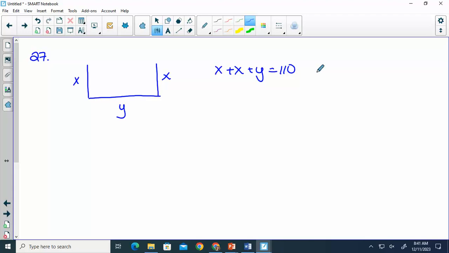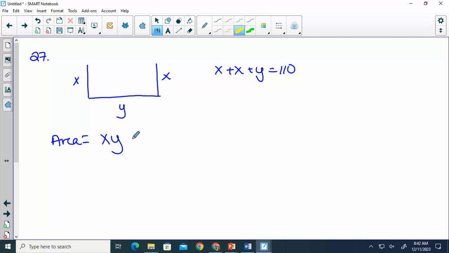We want the dimensions that will provide the maximum area. How do you find area of a rectangle? Length times width, x times y. We know if I ask for maximum, I'm asking for a vertex. We need a quadratic before we can do that. And we need only one variable.